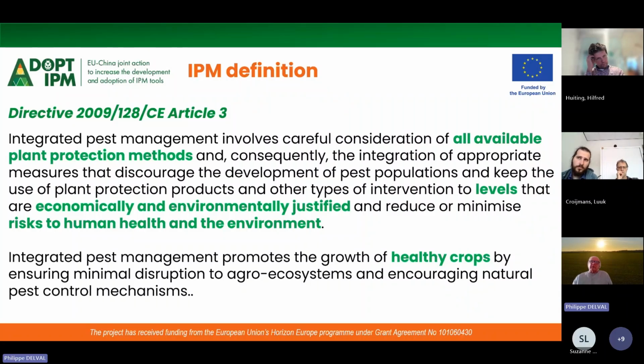We have the levels or thresholds we have to take care of. We have to justify economically and environmentally, and we will see in the tool that we use these criteria, and minimize risk to human health and environment. The objective of IPM is to promote healthy crops and use a maximum of natural mechanisms.